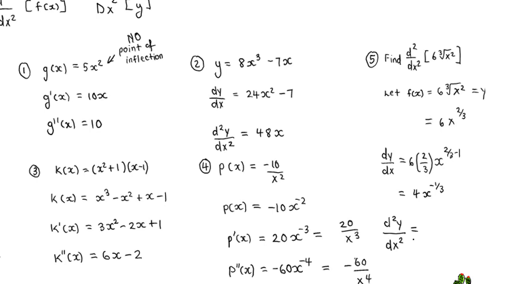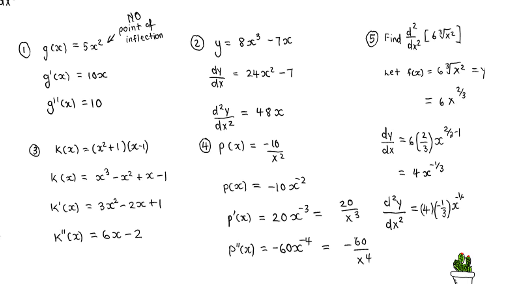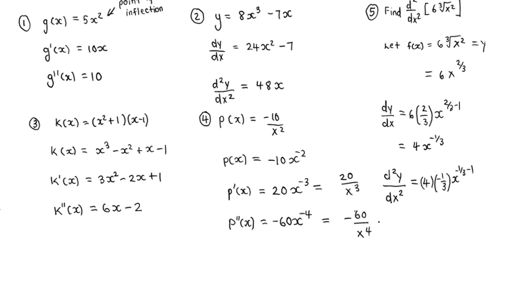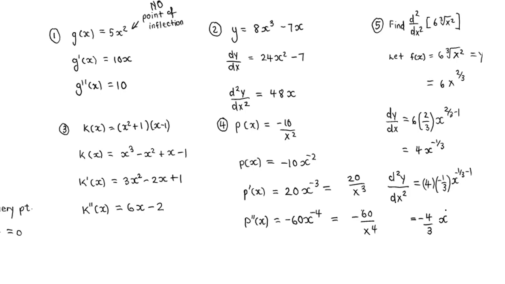So this is 4 times minus 1/3, times x to the minus 1/3 minus 1. Our second derivative function is going to equal minus 4 over 3 times x to the exponent minus 4 over 3.